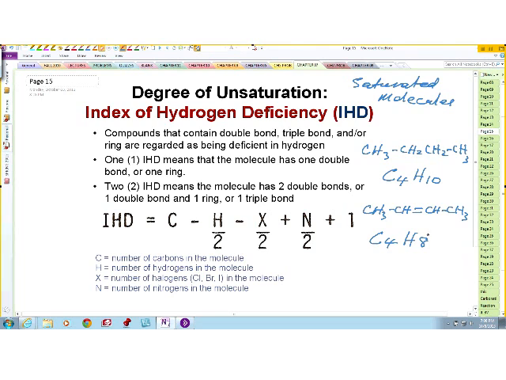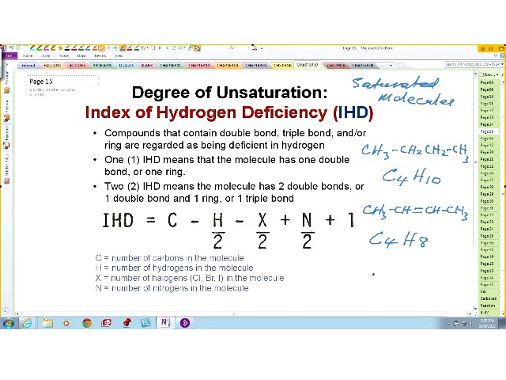How many fewer hydrogens do we have in this molecule? 2. Which is to say that because we have a double bond, each double bond we have in this molecule takes away 2 hydrogen atoms. Do you follow that? Each double bond that you have in the molecule takes away 2 hydrogen atoms.